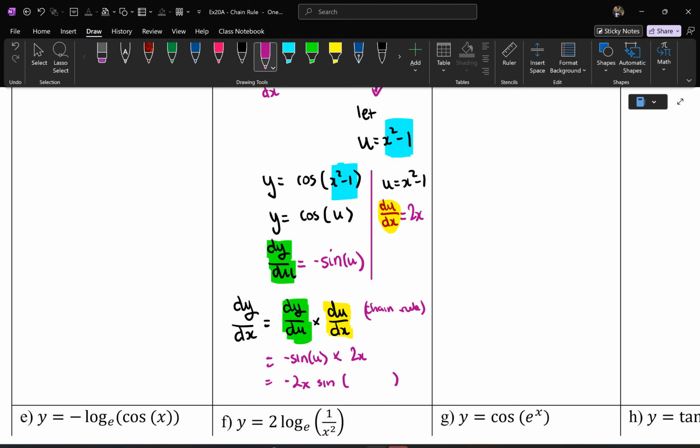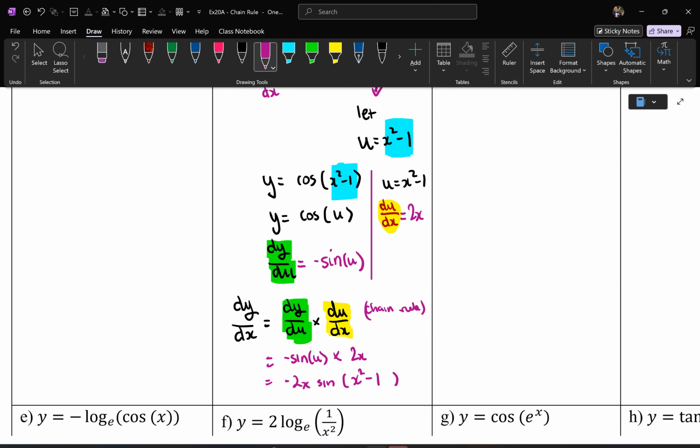U was equal to x squared minus 1, and we want y and x, not y and u. That was a made-up variable to help us do this derivative. So I need to leave my final answer as negative 2x sine of x squared minus 1. That's my answer. This is the derivative.